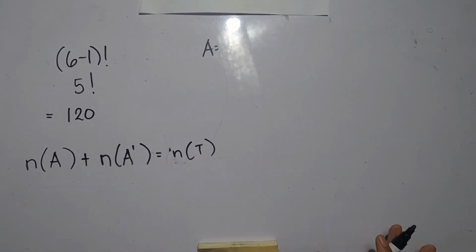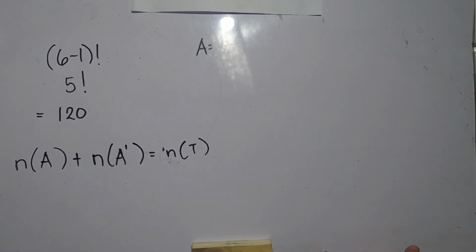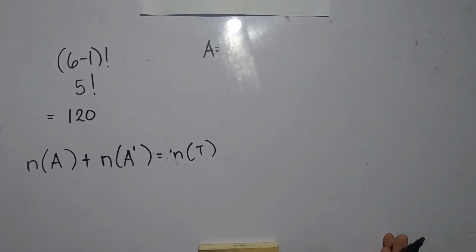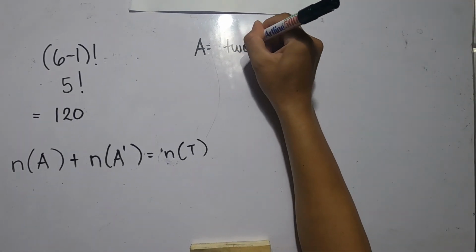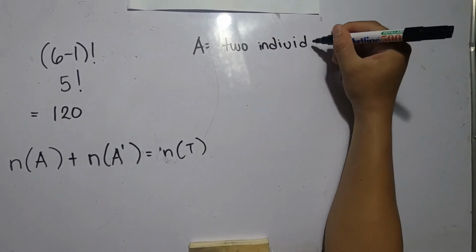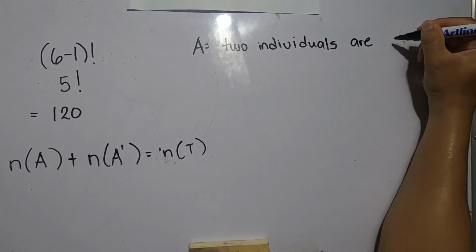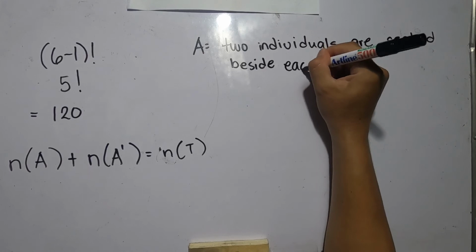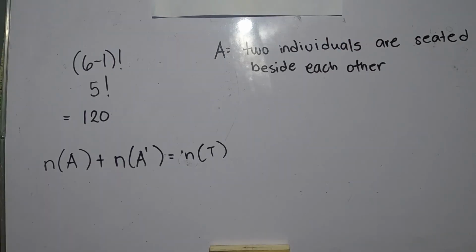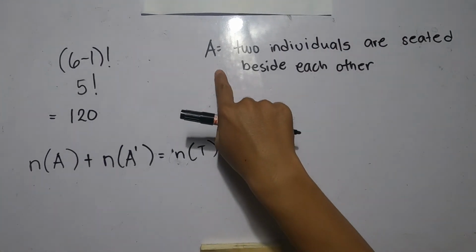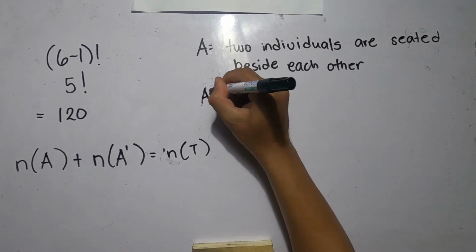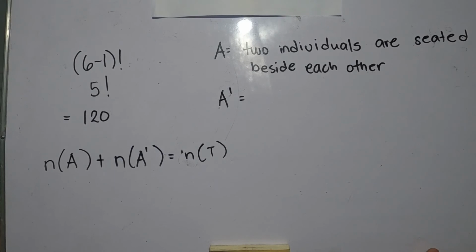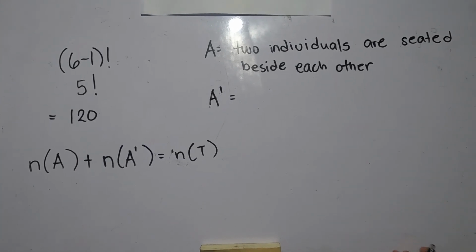So if we let a be the event of these 2 individuals seated beside each other, then the complement of a, which will be written as a prime, will be the event of these 2 individuals not seated beside each other.